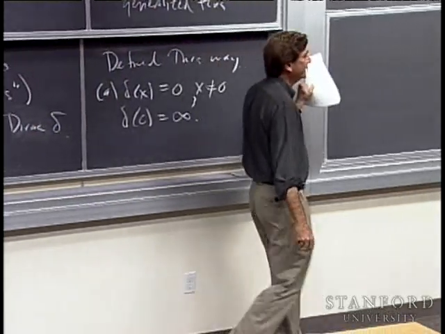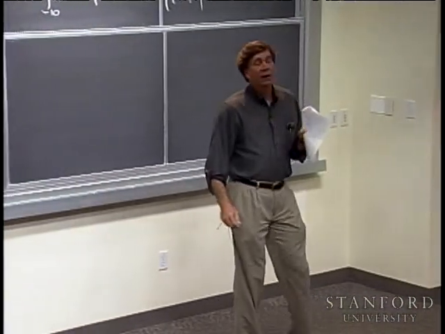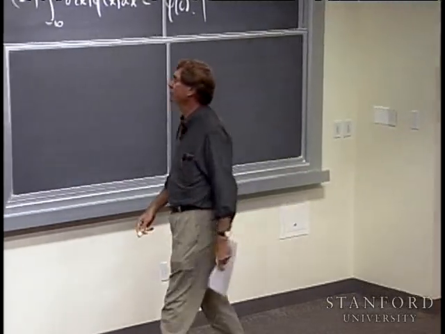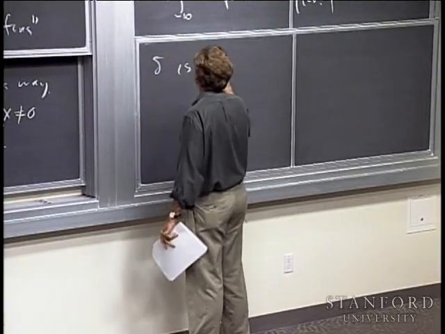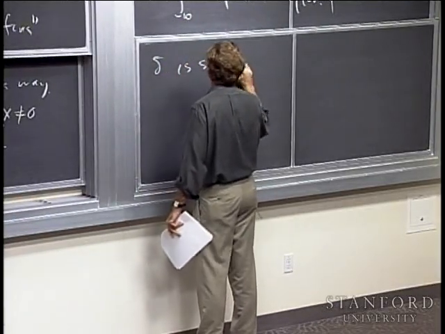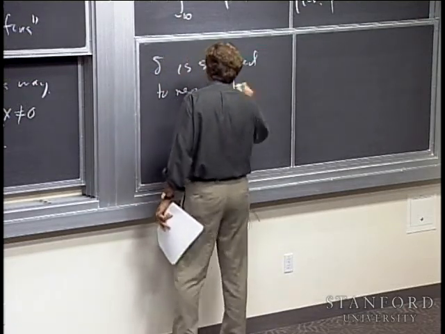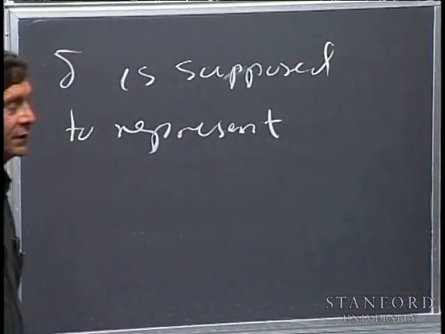Now, the fact is that operationally you can understand what's going on here. All right, delta is supposed to represent a function which is concentrated at a point.